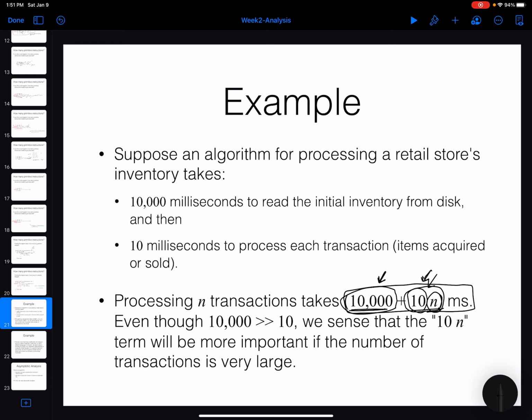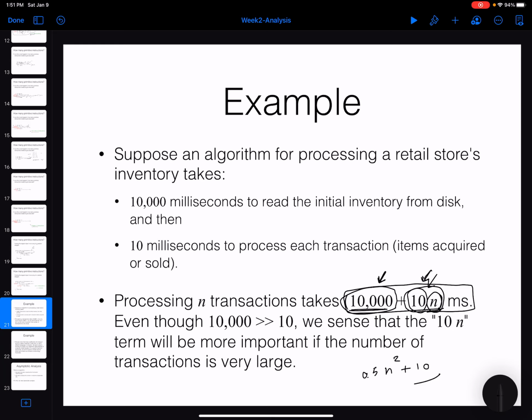And it would be very important if you had another algorithm that would take, for example, something like half a millisecond multiplied by n power 2 plus, I don't know, 10, something like this.